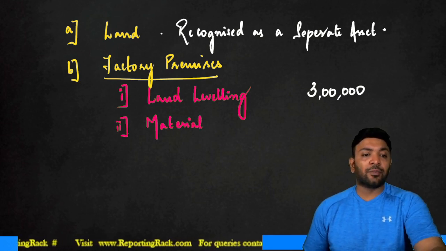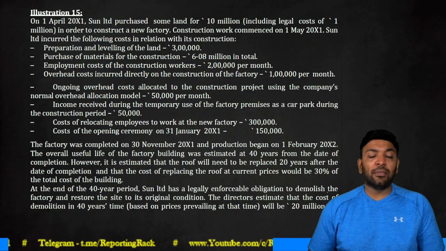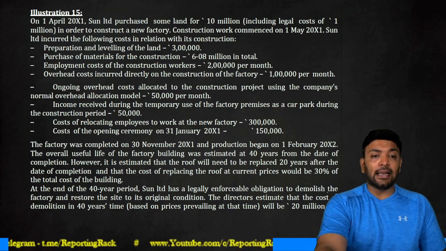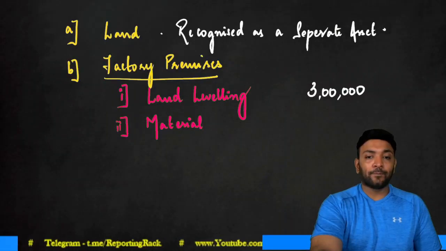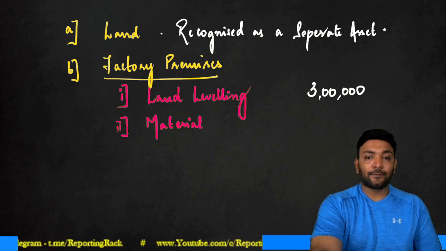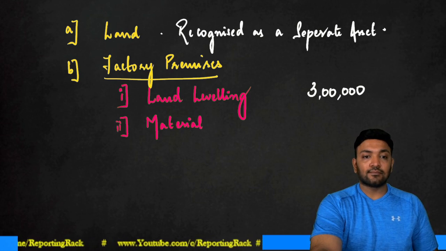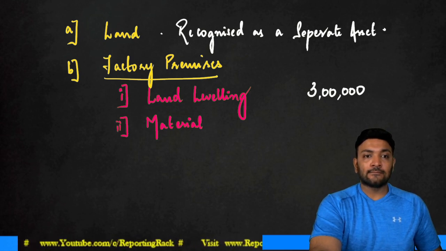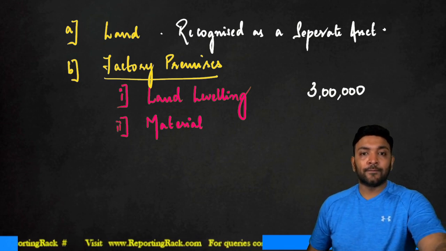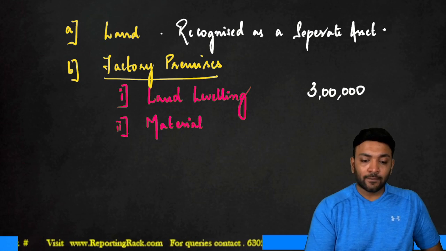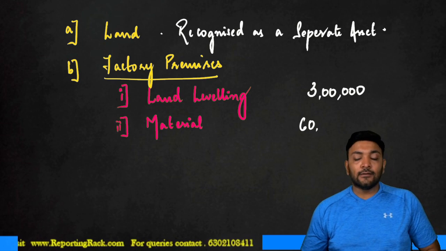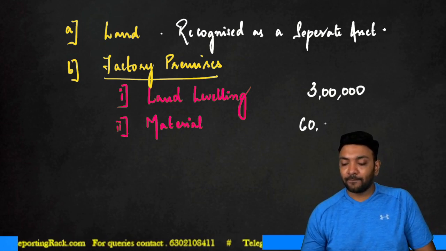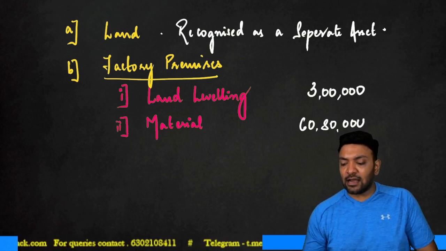Material cost to be included into the cost of the premises is how much? 6.08 million. 6.08 million is nothing but 60 lakh 80,000.